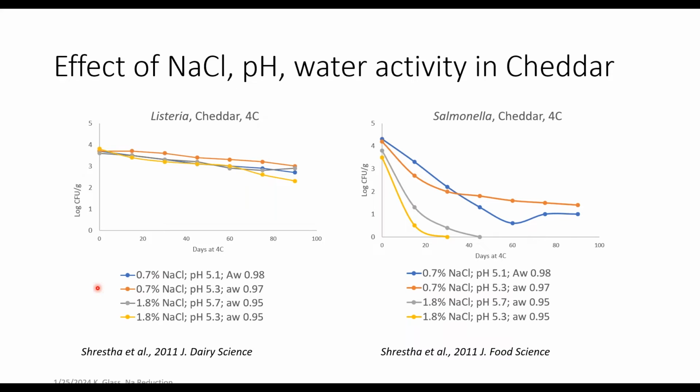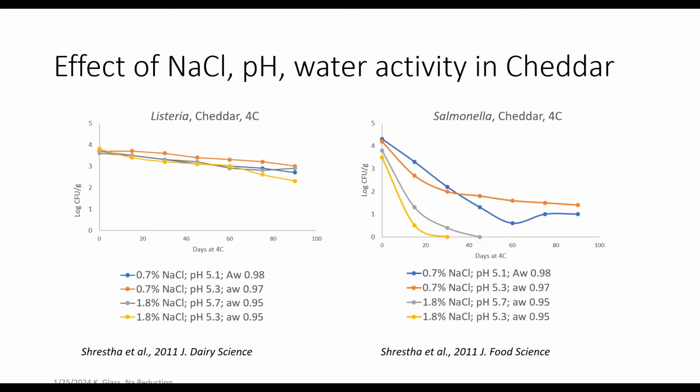The intent was to test at both a high pH of 5.7 and a low pH of 5.1. But in the case of the low salt cheese, both treatments had lower pHs than the targets. And this was due to the greater starter activity, which ultimately can affect quality attributes.